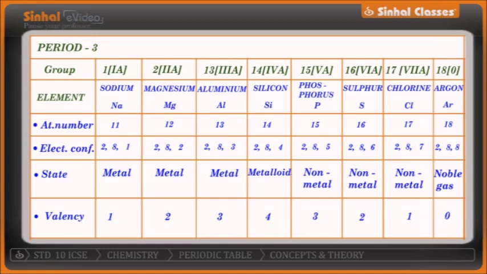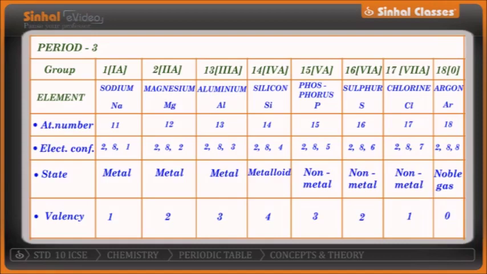The state of sodium will be metallic, magnesium again a metal, aluminium is a metal, but aluminium is amphoteric in nature, whereas silicon is a metalloid, phosphorus non-metal, sulfur again a non-metal, chlorine again a non-metal, and argon inert gas. So what do you notice?